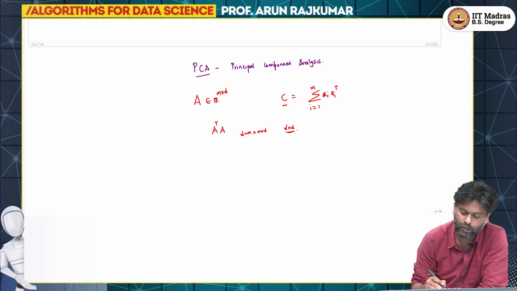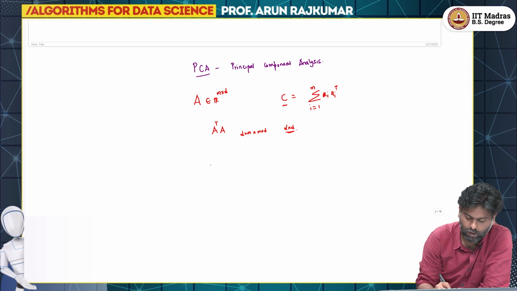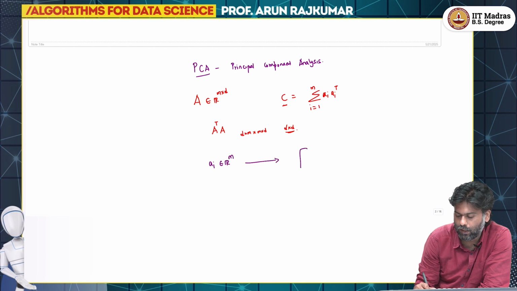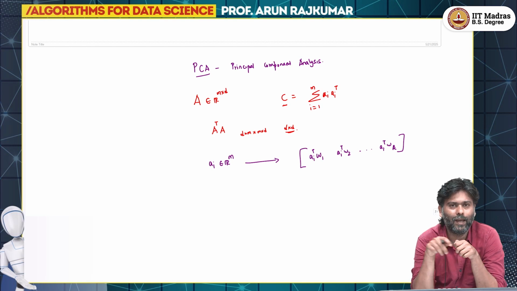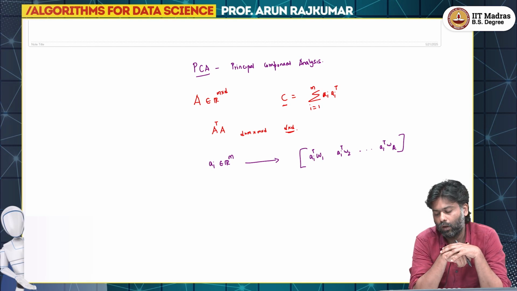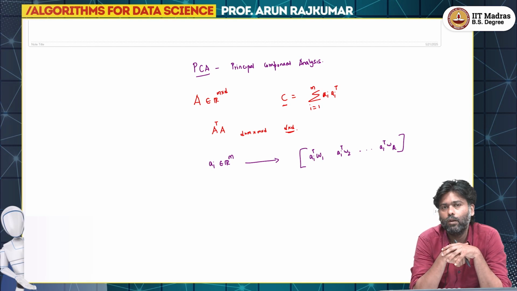So in other words, instead of a vector A_i, you are going to represent A_i as A_i transpose W1, A_i transpose W2, till A_i transpose Wk for a suitable k, where W1 to Wk are the top k directions corresponding to the top k eigenvalues of the covariance matrix.